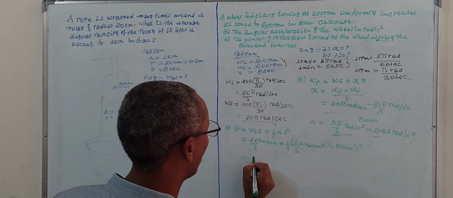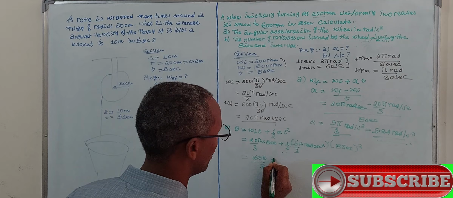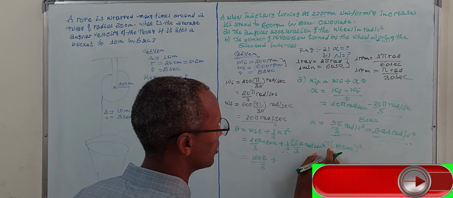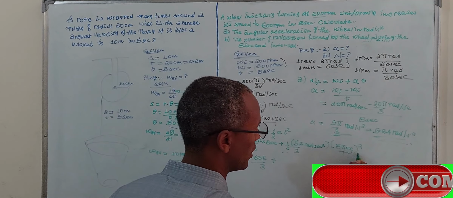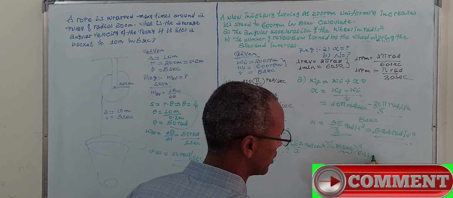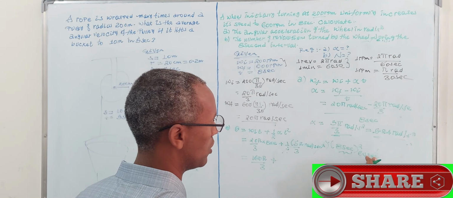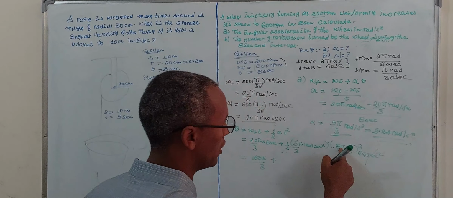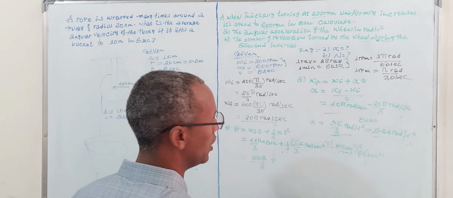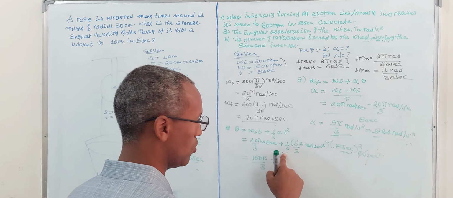This term you will get 160 pi upon 3, plus this term, where this is 64 seconds squared. The seconds squared cancel, and 64 by 2 is 32, and then the 1 upon 2 is taken care of.